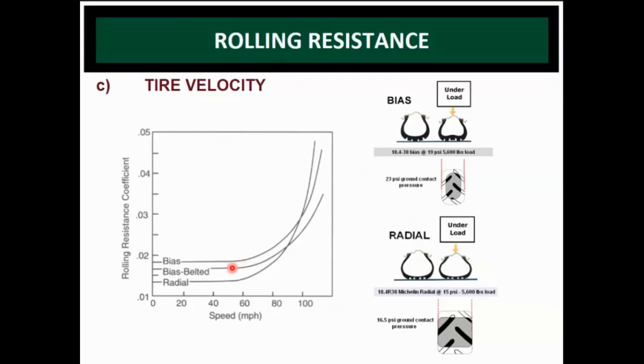And also bias belted punya type. So if you can see here, the rolling resistance coefficient will remain constant from 0 to around 60 mph, miles per hour. After 60 miles per hour, it will drastically increase.